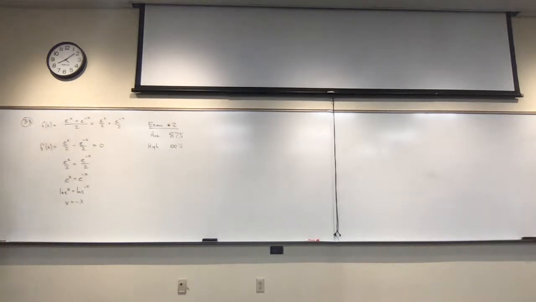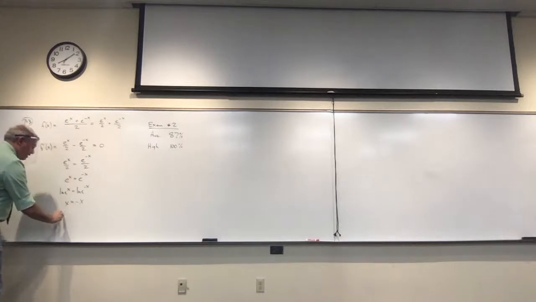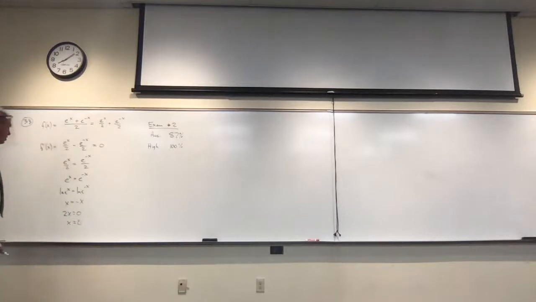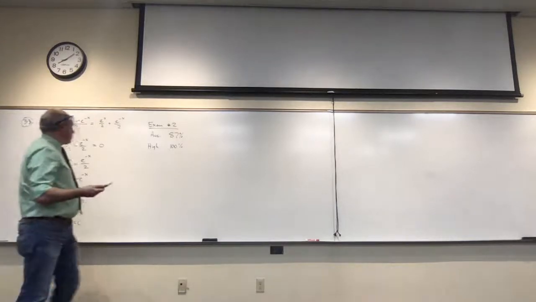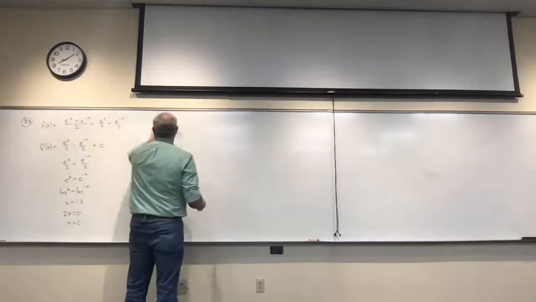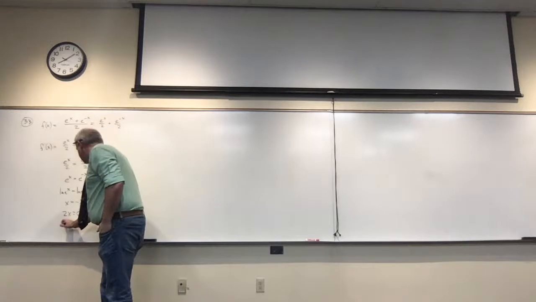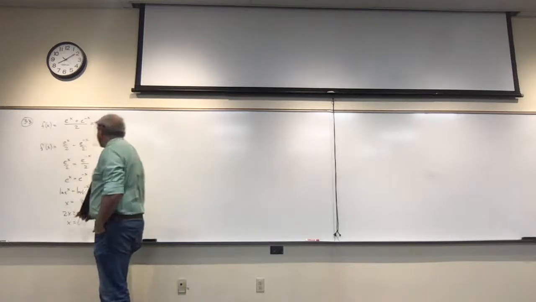And the only way that that's true, right, is if x is 0? Or if you don't like that, I could add an x to both sides and say that 2x equals 0, so x equals 0, that also works. So we get that we have one critical point for this function, and that is at x equals 0. It's our one critical value.